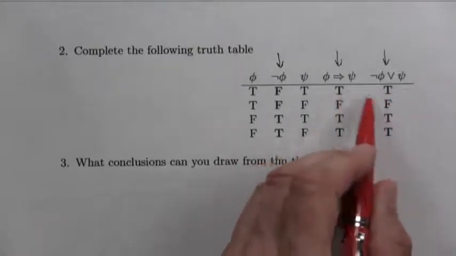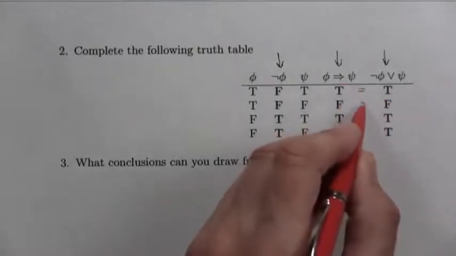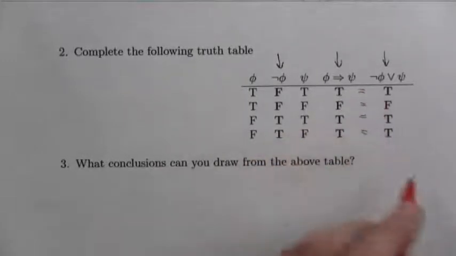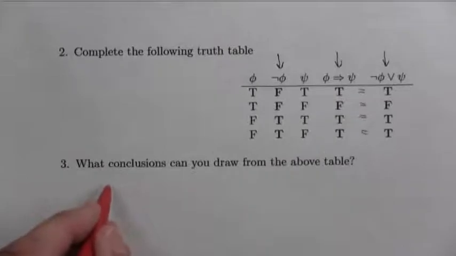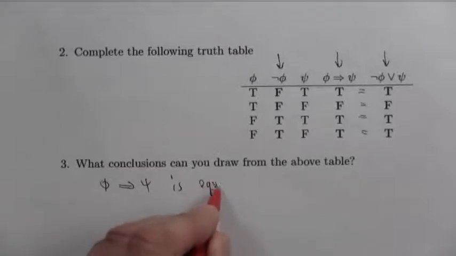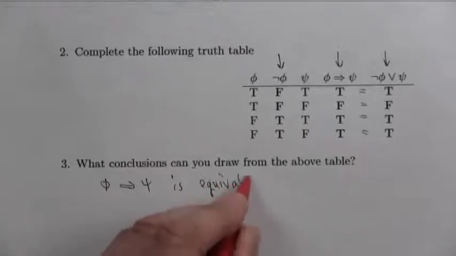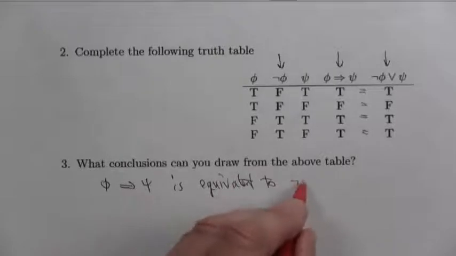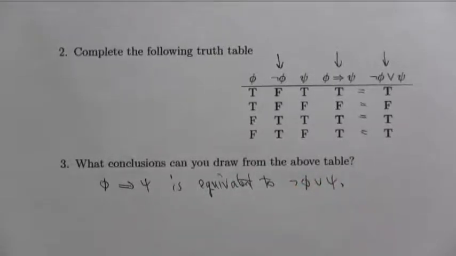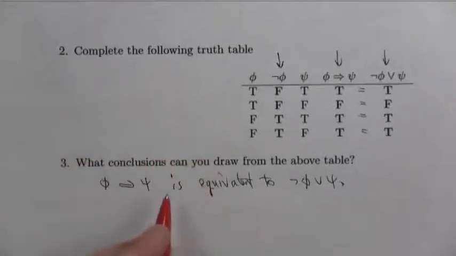We can compare these two and observe that every entry is the same. And since the truth values are the same, the conclusion we can draw is that phi yields psi is equivalent to not phi or psi. And that takes care of 2 and of 3.